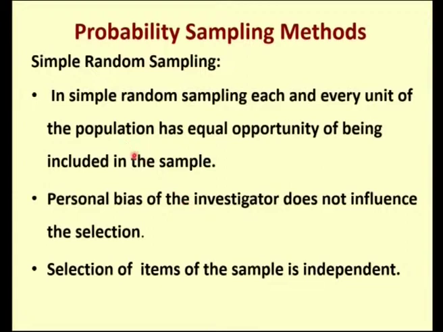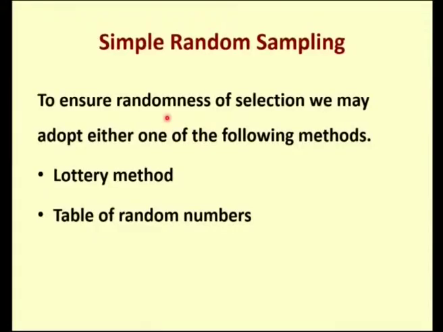Selection of the items of the sample is independent. There are two methods available to take a random sample by the simple random sampling method. The first is the lottery method and the second is the table of random numbers. By following any one of these methods, we can ensure randomness of the selection.